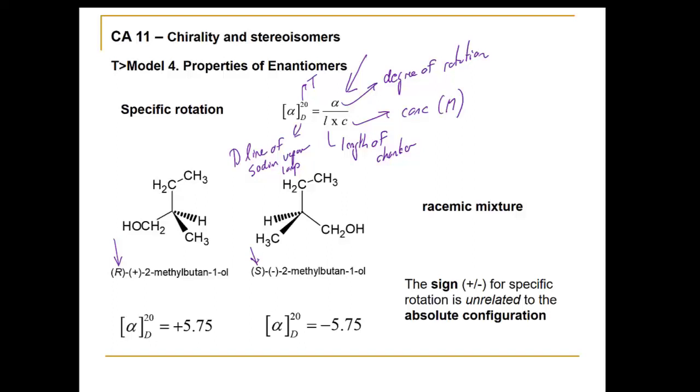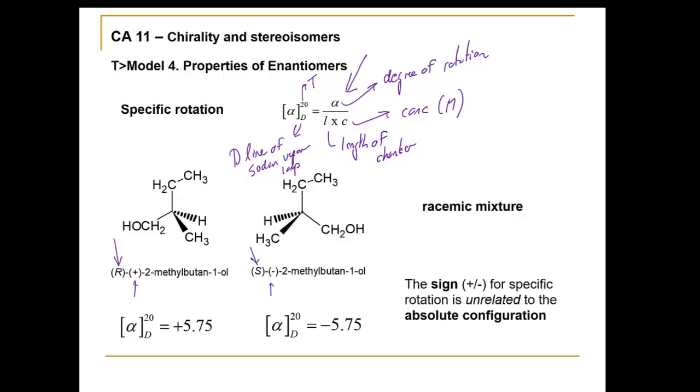It's just we agree that this is how we're going to label these different enantiomers. But what you also see here is plus and minus. That's the physical measurement of optical rotation. And as it turns out, the R 2-methylbutan-1-ol rotates plane polarized light in a positive direction.